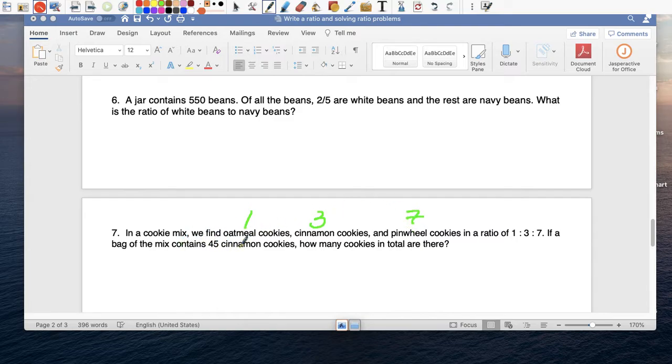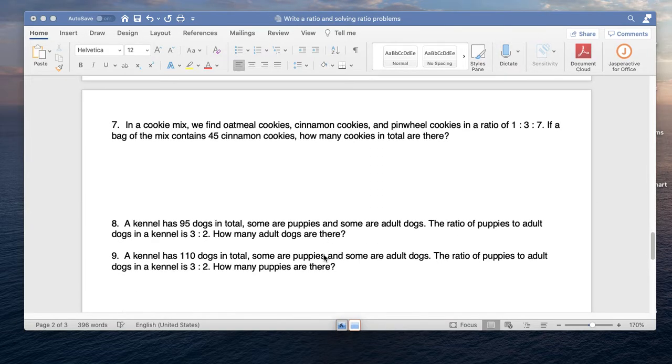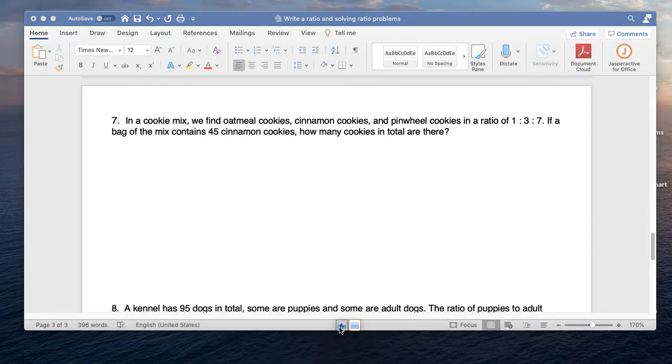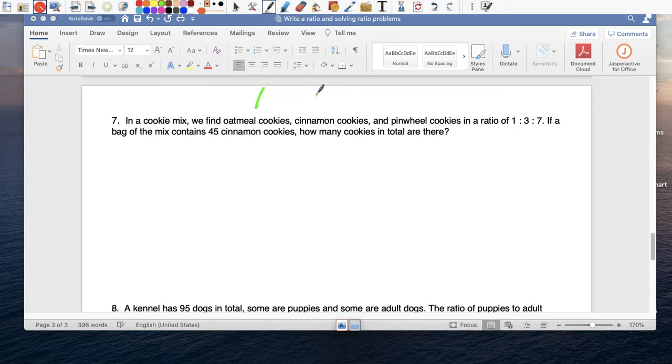If a bag contains 45 cinnamon cookies, how many cookies are there in total? Ugh, I need more room. Okay. So back we have 1, 3, 7. So let's write oatmeal cookies, cinnamon cookies, and pinwheel cookies, and then total.